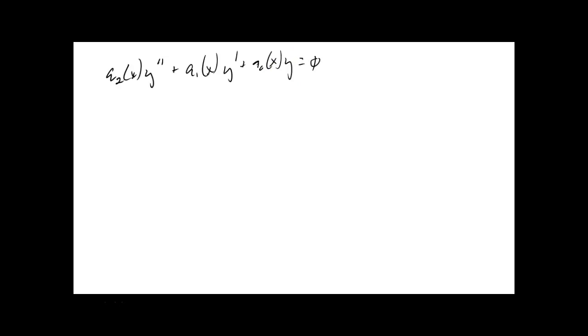That's a linear combination of two functions. Second order, you're going to have two arbitrary constants, okay? So your general solution here will be c1 y1 plus c2 y2. Those are both functions of x, okay? Where y1 and y2 are solutions that consist of a linearly independent set on some interval I, okay?